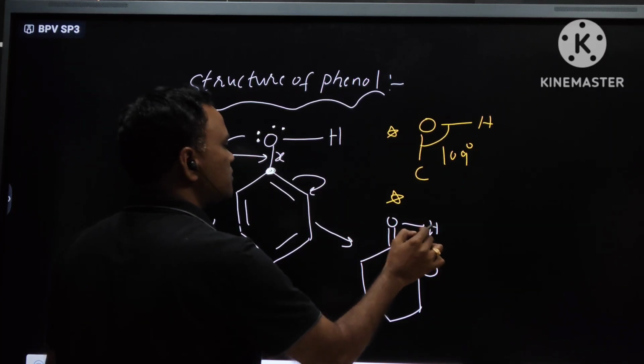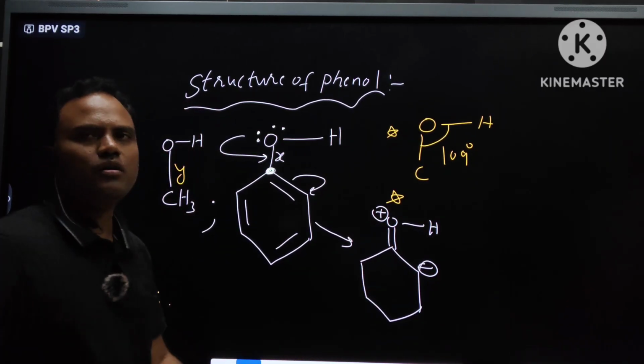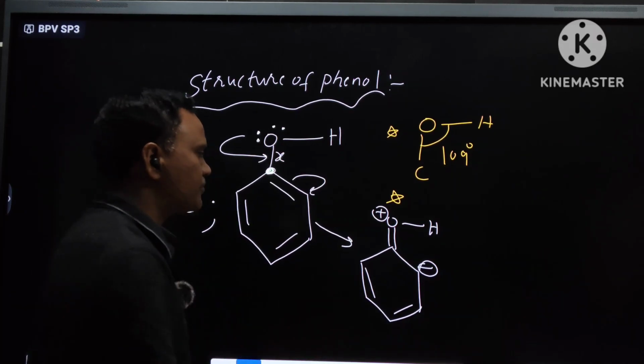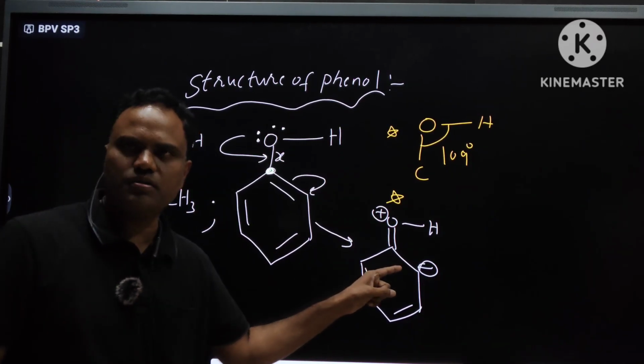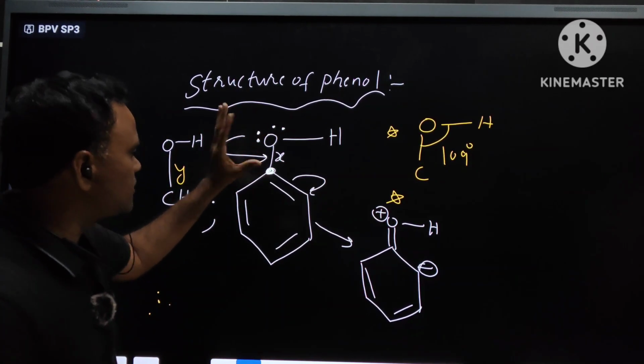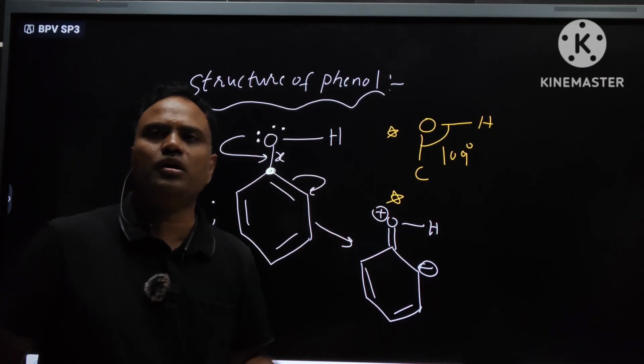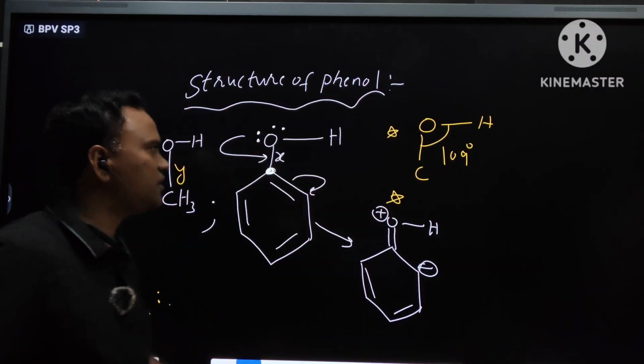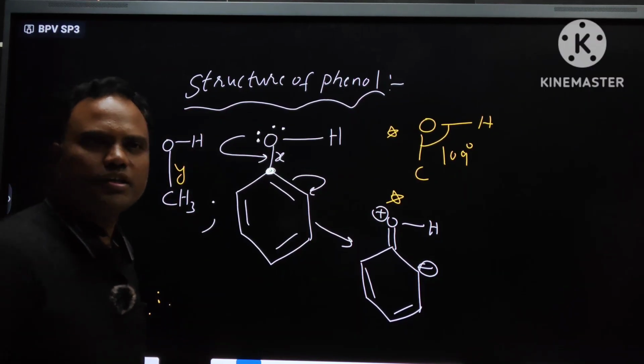Watch the resonance I have given, how we get the double bond here. Now you tell me, due to resonance this single bond is converting into a double bond. Double bond length is less compared to single bond. That's why Y is more.